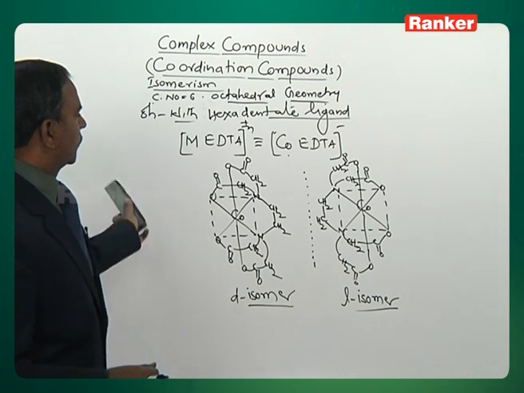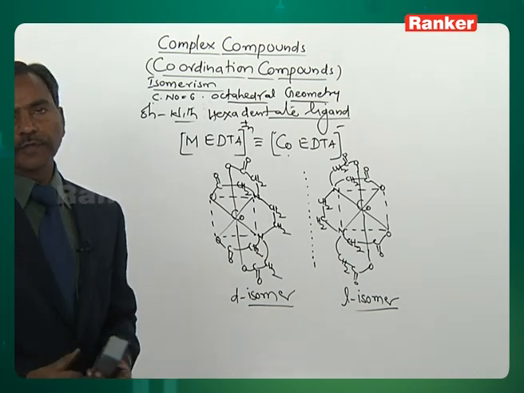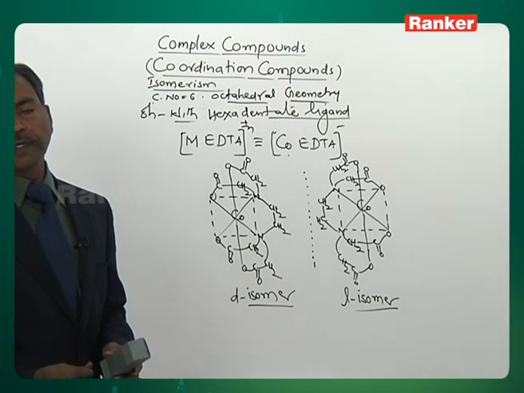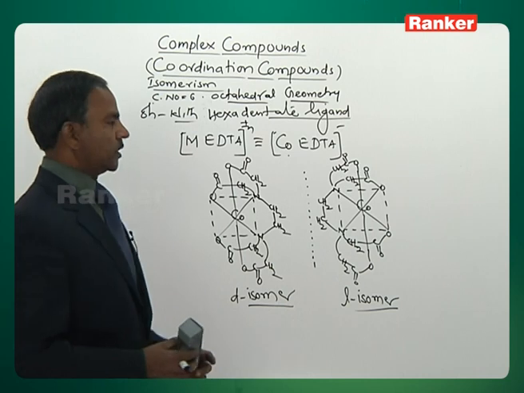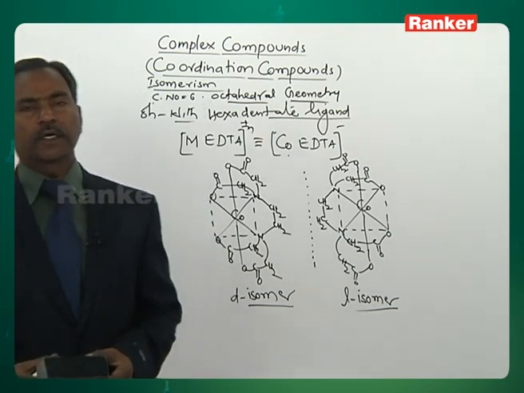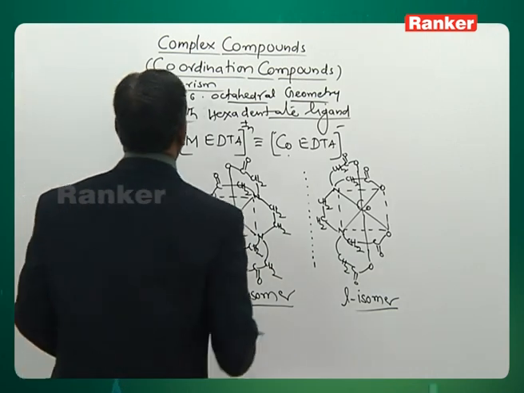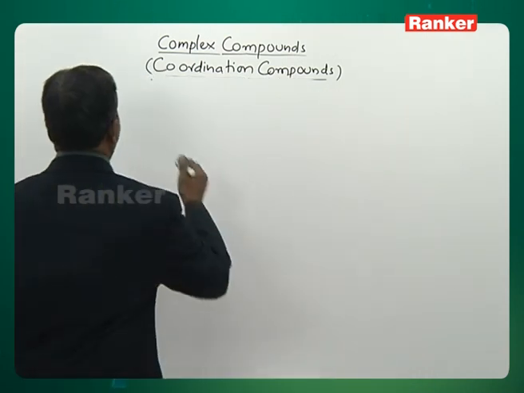So, these are the different types of isomerisms from the beginning: structural isomerism, stereoisomerism, all were taken. Next, let us discuss stability constants. Stability constants of the complex compounds we will discuss.